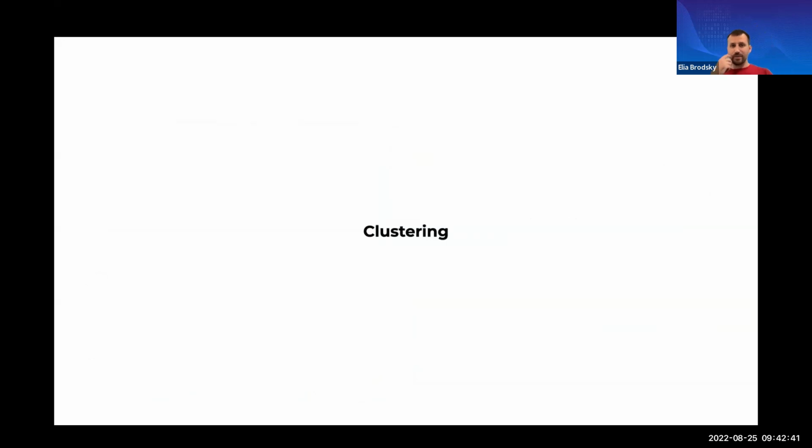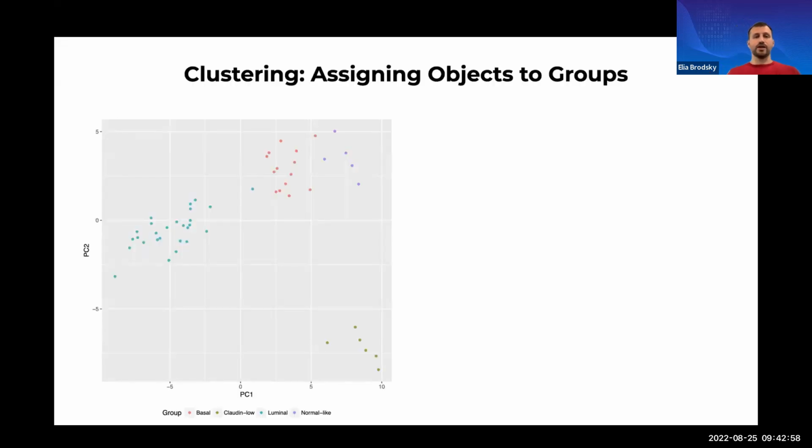All right, now, as I mentioned, we go from exploring our data and understanding what is in our data to trying to define specific groups within our data that we can cluster together, or we can say these are defined groups that we want to take a look at further. So let's say we have our principal component analysis, as I see on this side.